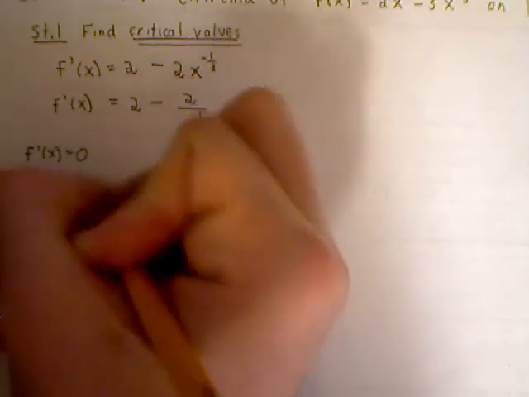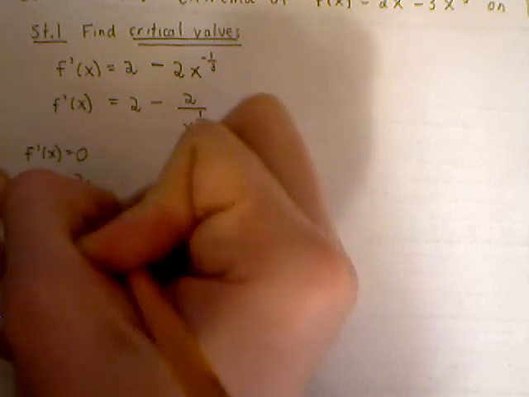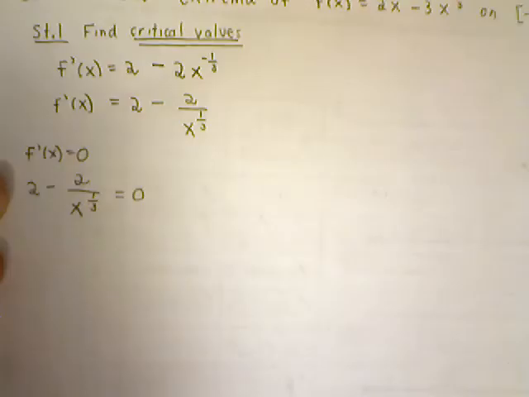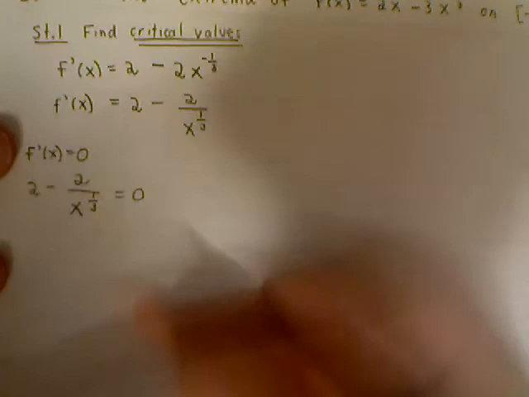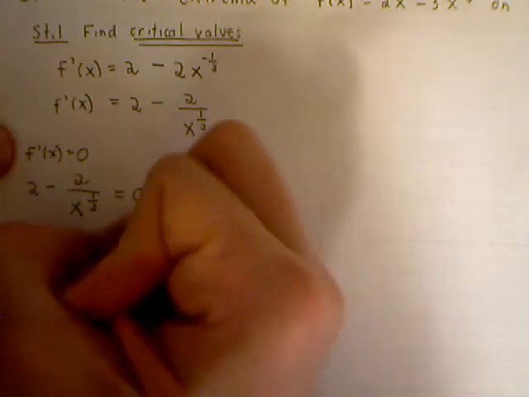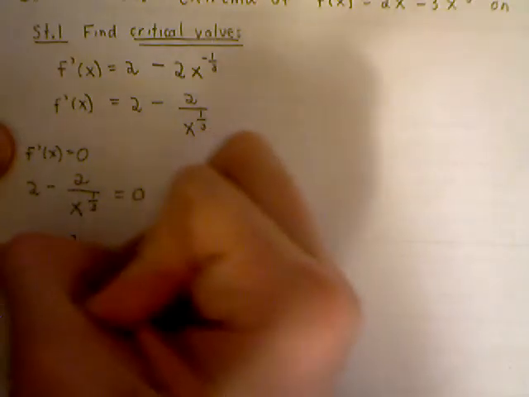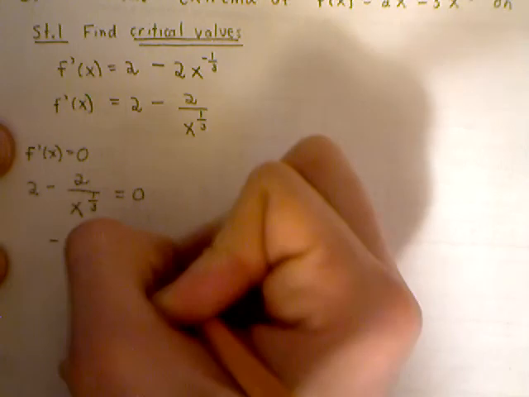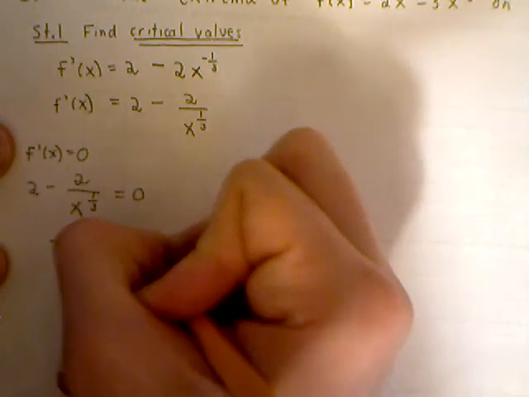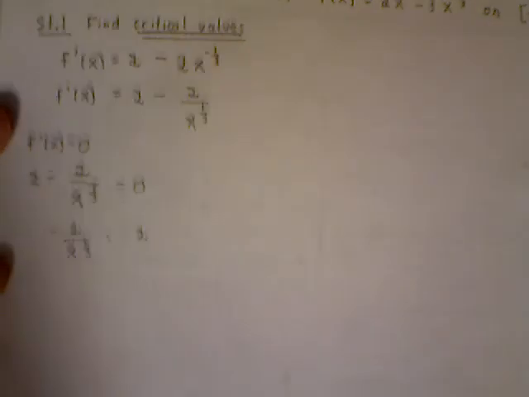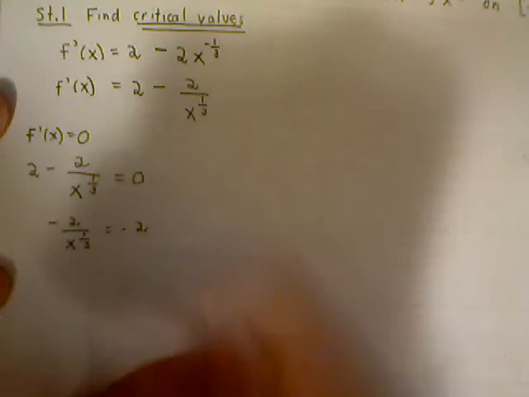So I'm going to have 2 minus 2 over x to the 1/3 equals 0. Let's subtract 2 from both sides. I'm going to have -2 over x to the 1/3 equals -2. Let's multiply both sides by x to the 1/3.